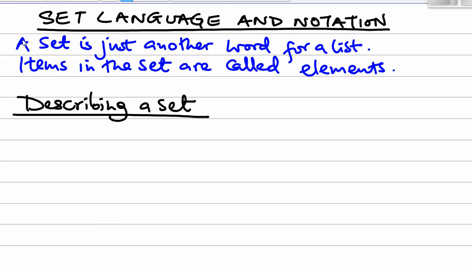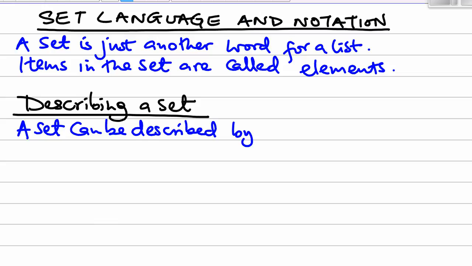Now, a set can be described by listing all of its elements. And I'll look at an example in a minute. So a set can be described by listing all of its elements.